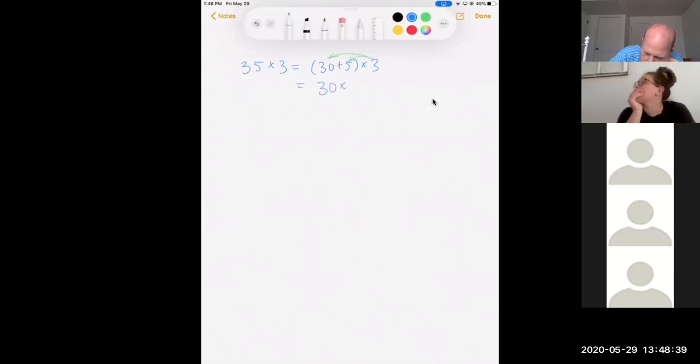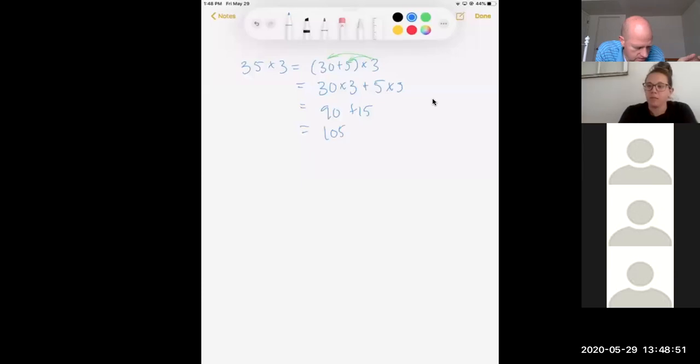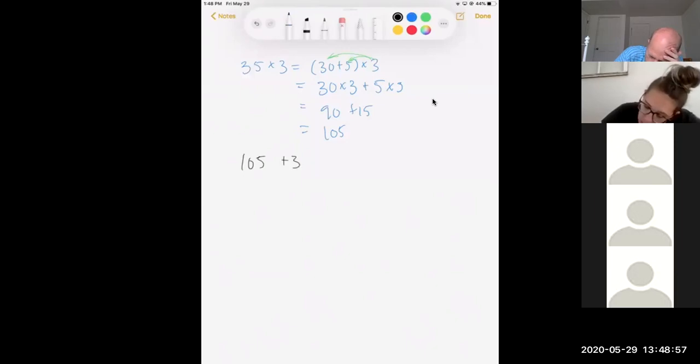That's where the 30 times 3 comes from, plus the 5 times 3. So we're just learning some mental math tricks. And that will give us 108.